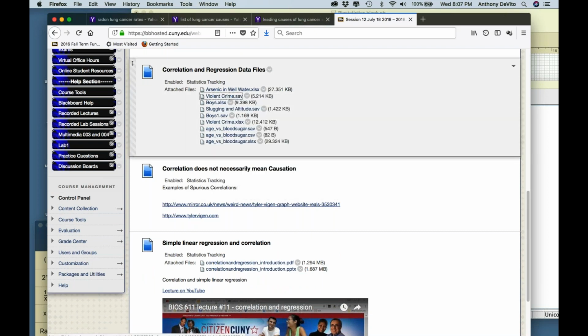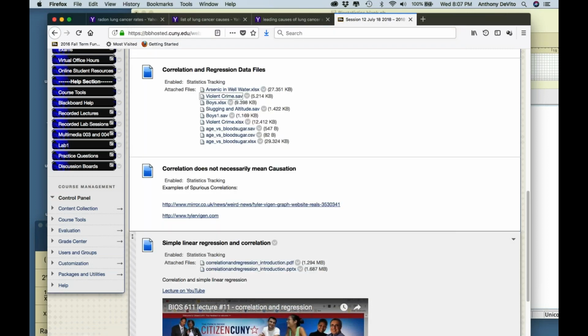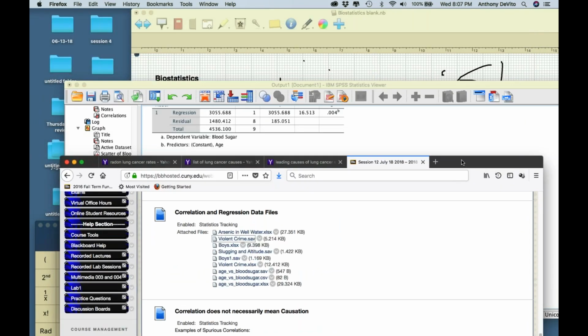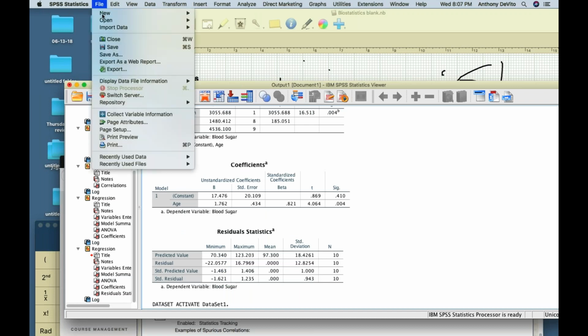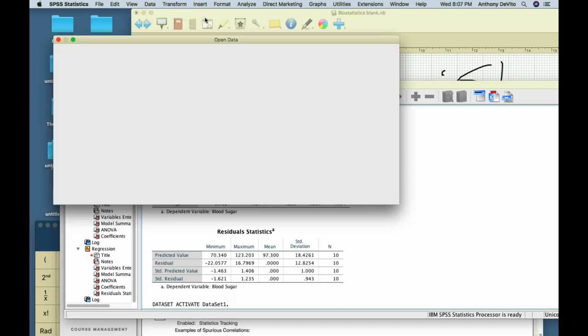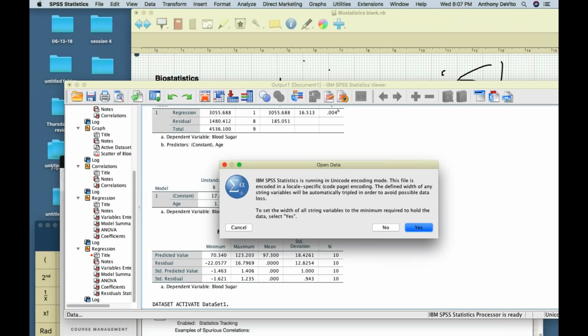I'm going to download that, drop it on my desktop. Okay, and again, now I'm going to go back to SPSS and open it. And here's my violent crime database. I'm going to open it up.